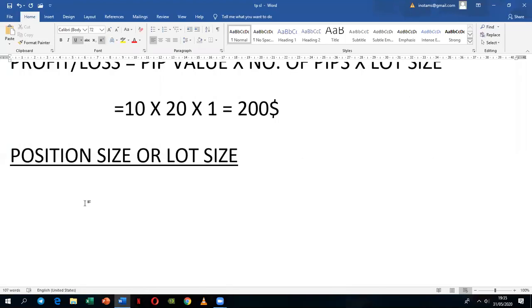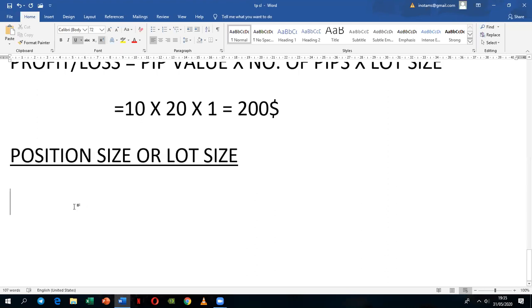It means I'm only going to lose $20 maximum at the end of the day. You will still have $80 to trade with, and that's because you defined your risk.